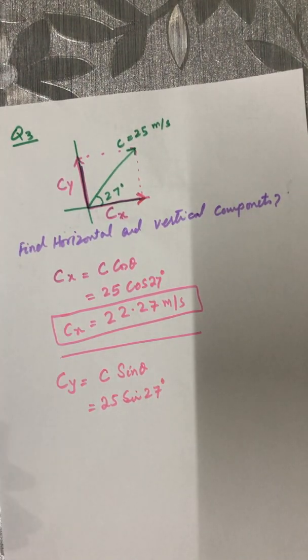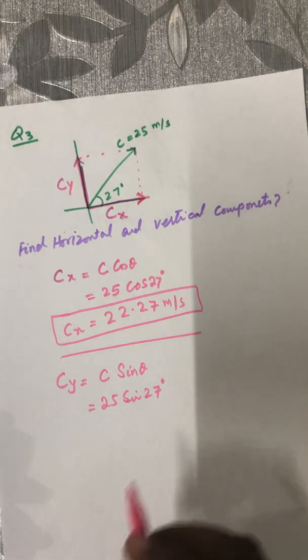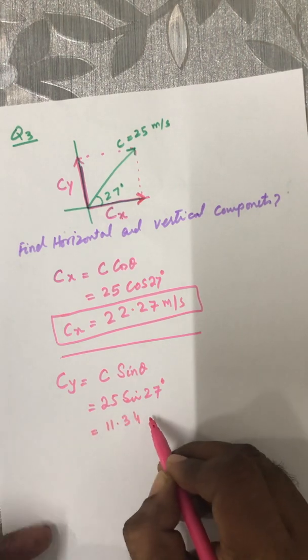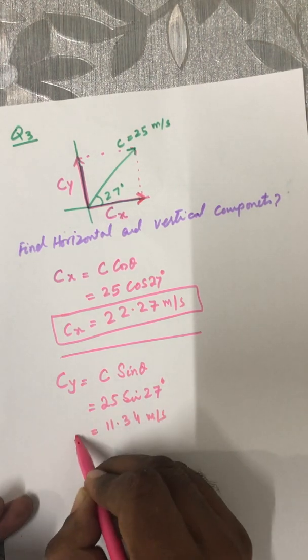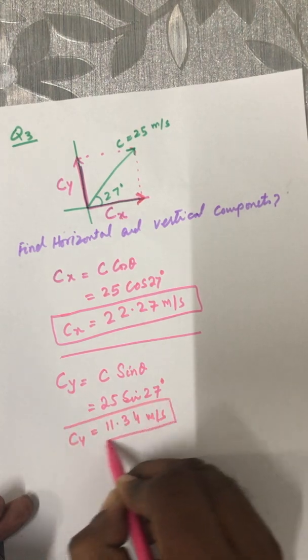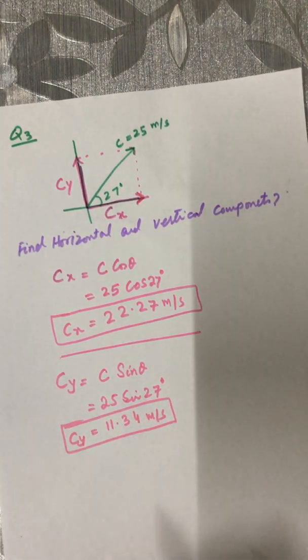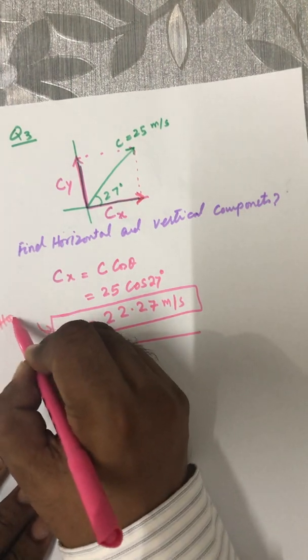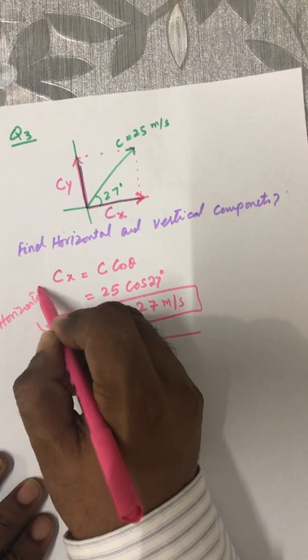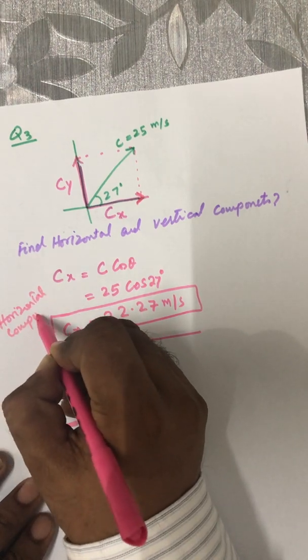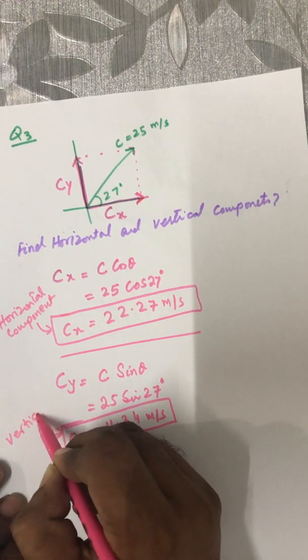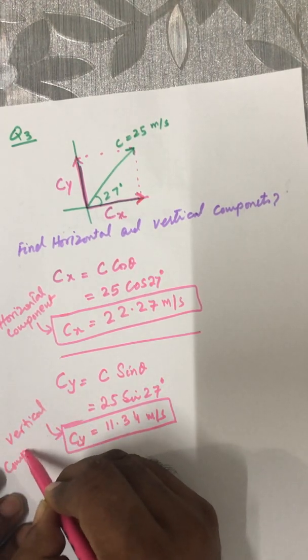Again by using the calculator, 25 sine 27 is 11.34 meters per second. This is the vertical component of the vector. So again we know that this is the horizontal component, and this is the vertical component.